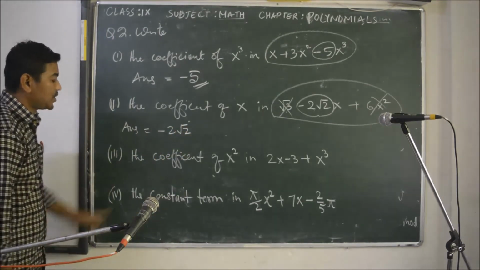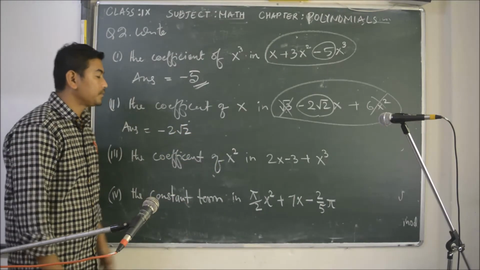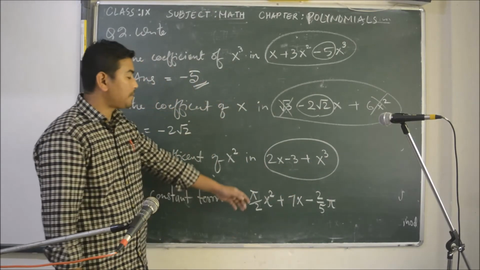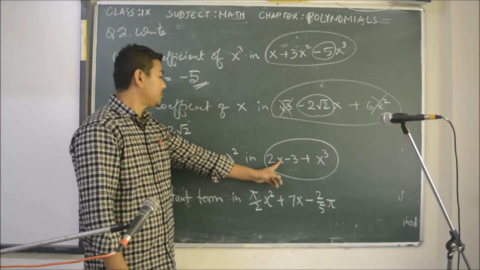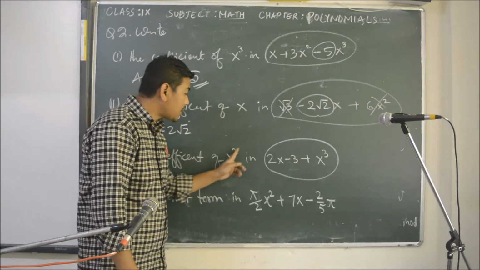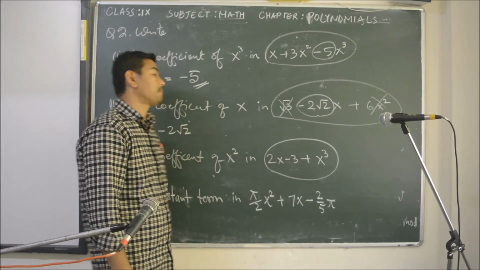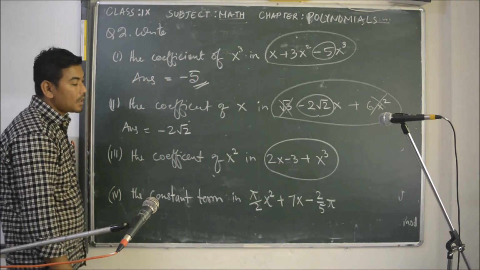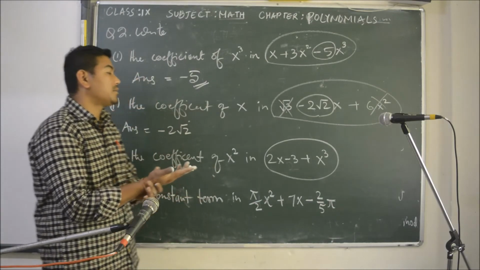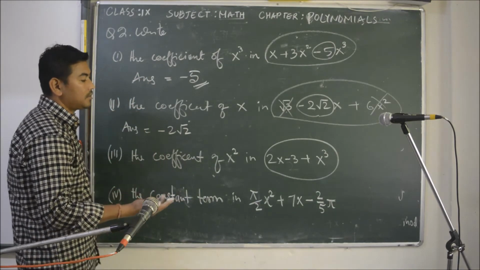Now third one, the coefficient of x square in this polynomial. Here if you see, we have x term, constant term and x cube term. So the x square term is missing here. If some terms are missing, then you can take the coefficient of that term as 0.